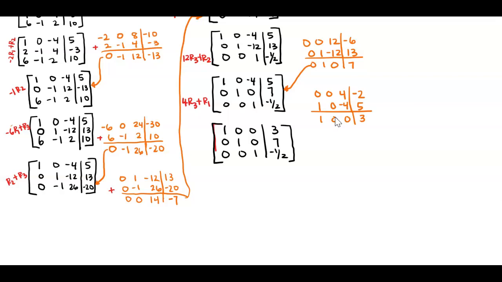Remember, this is my X column, and so this is saying X equals 3. This second column is my Y column, so this is saying Y equals 7. And this last column here are my Z's, so that's saying 1Z, or Z equals negative 1/2.